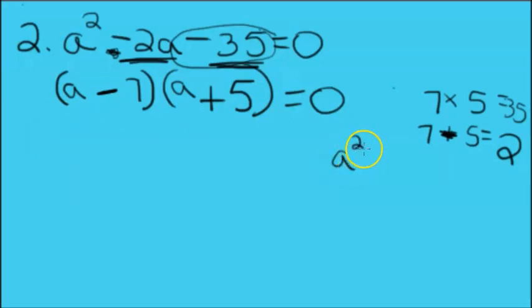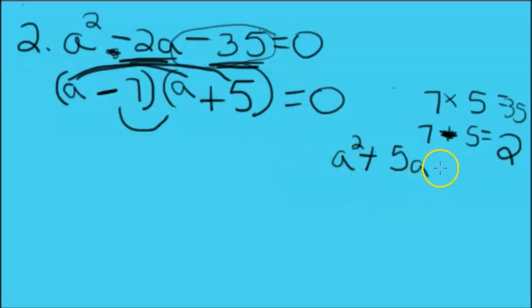So we have a times a is a squared, and then a times 5 is 5a. Then we have negative 7 times a is negative 7a. Then we have negative 7 times 5, which is negative 35. Okay, so now all we have to do is combine our like terms.